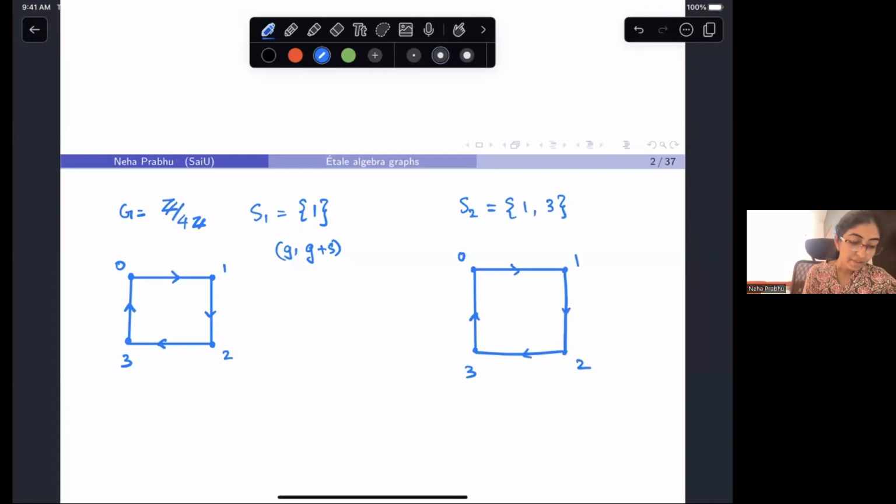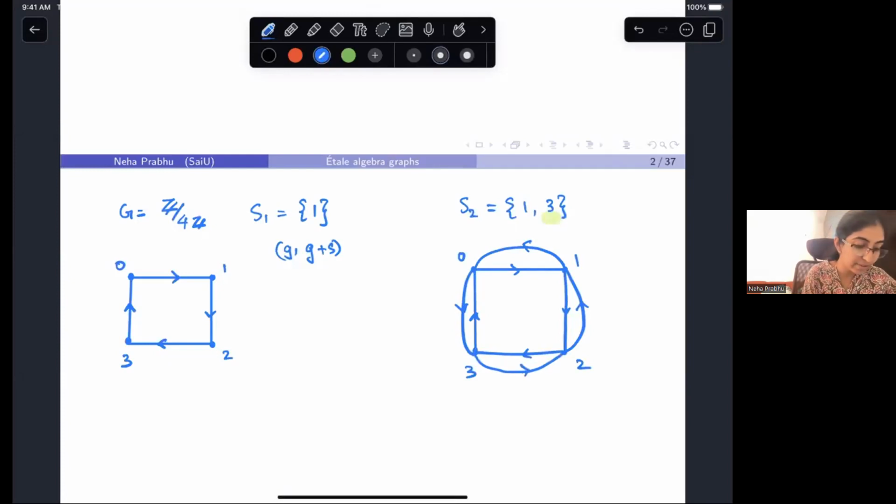But then when I want to use 3, add 3 to every vertex, 0 to 3 brings me back here. 1 plus 3 is 4. 2 plus 3 is 5, so that's identified with 1. And 3 plus 3 is 6, which is identified with 2.